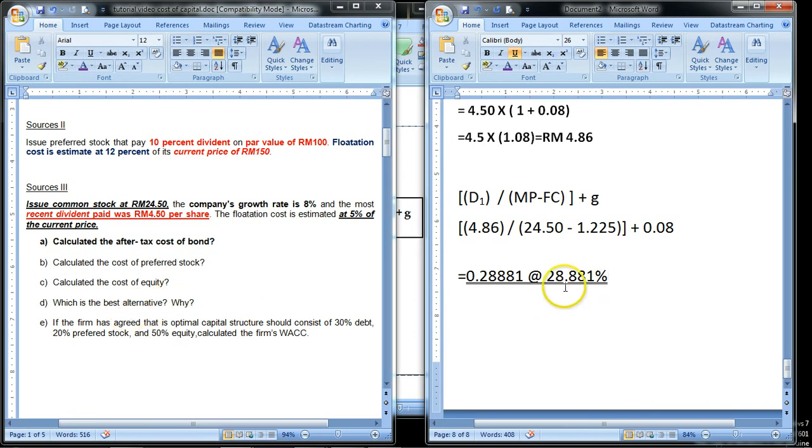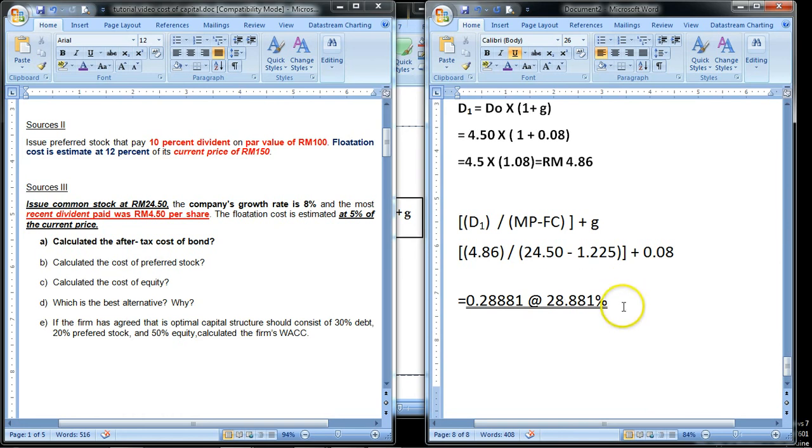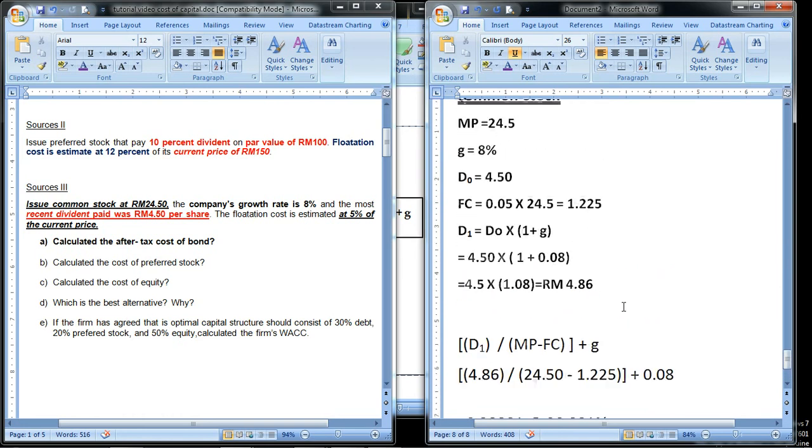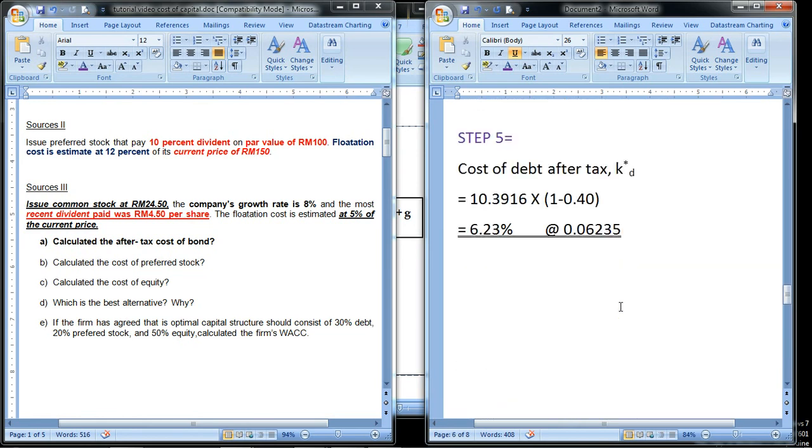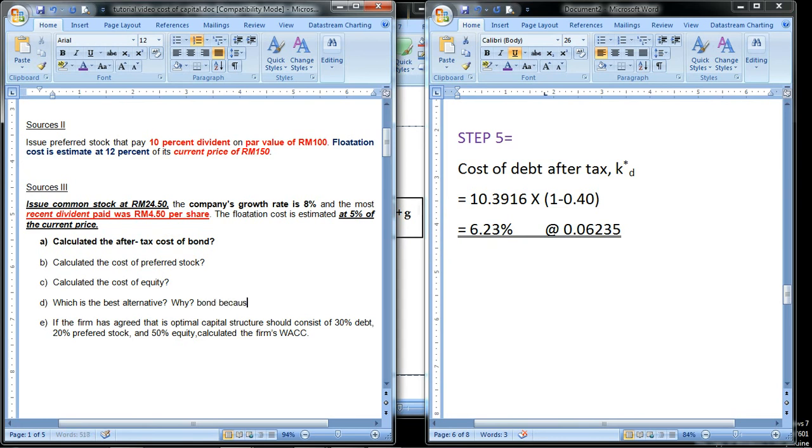As you can see now, if we decide to choose only one financing, which one do you want to choose? 28%, 7.7%, or 6.23%? We choose bond for our financing. Why? Because it has the lowest cost of financing, the lowest cost of capital.